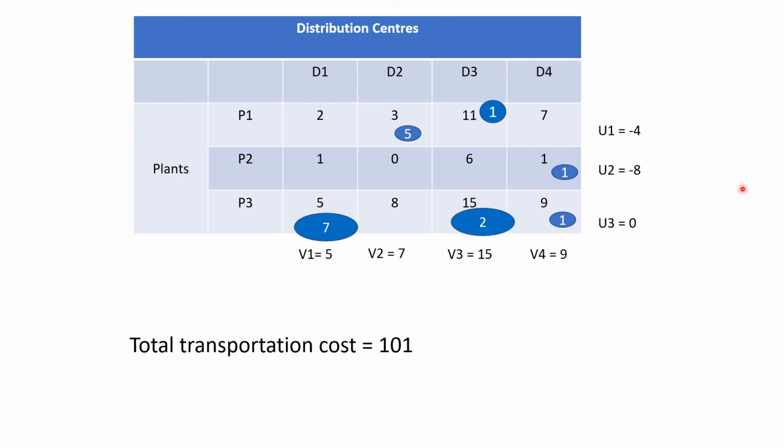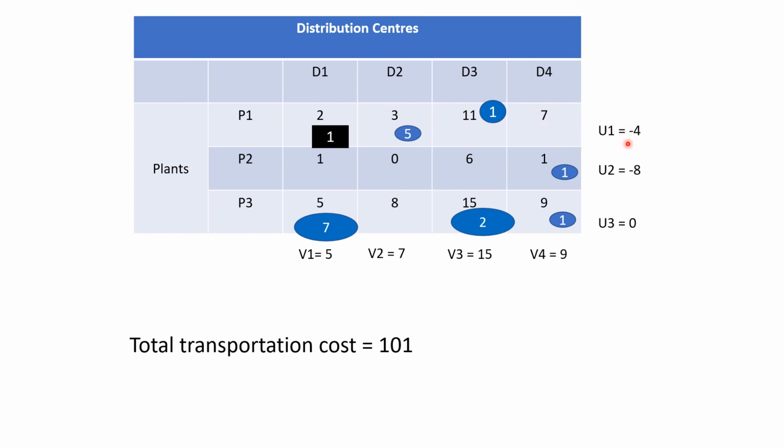Right? So once you do so, again we have to find out the cell evaluation for the unallocated cells. These are called unallocated cells, where there are no allocations. And we compute that using the same formula, Cij minus Ui plus Vj. Right? For example, for this, how to calculate?